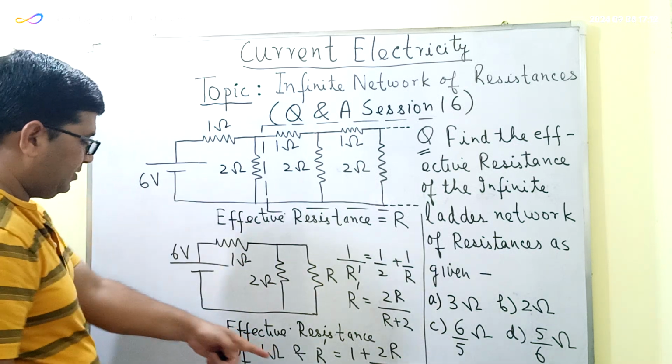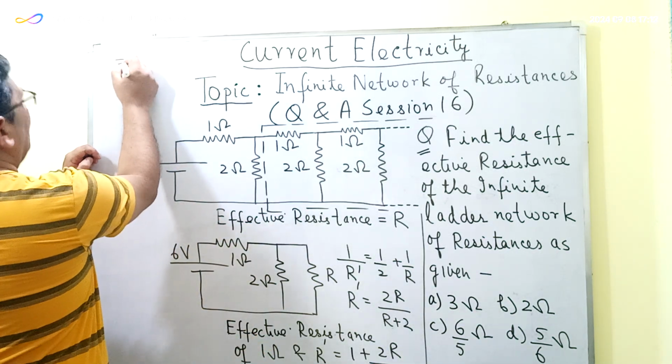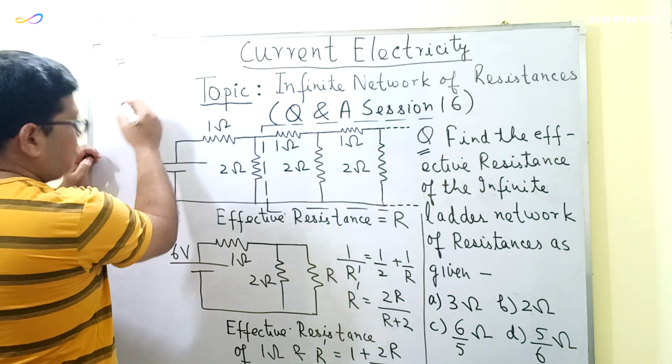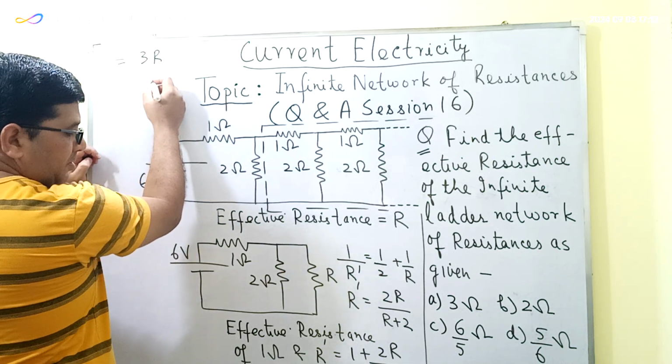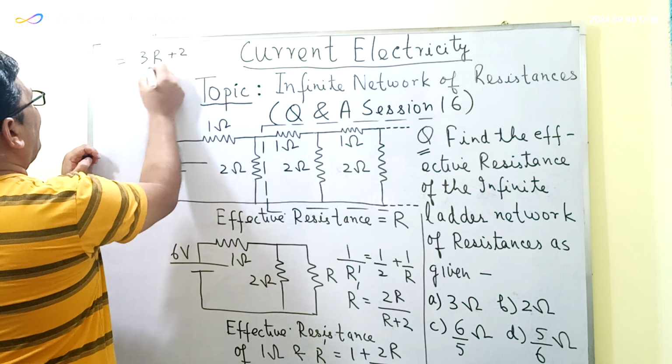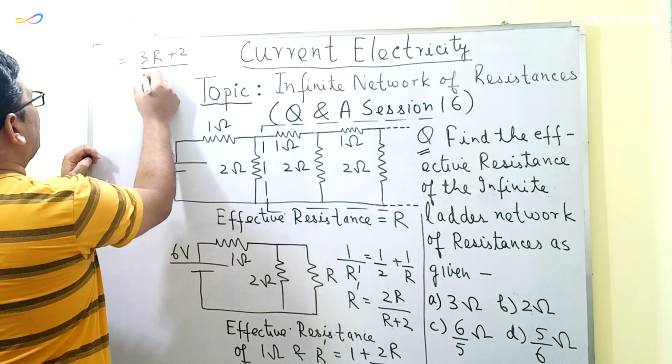So this will be equal to R plus 2 plus 2R, that is 3R plus 2, divided by R plus 2.